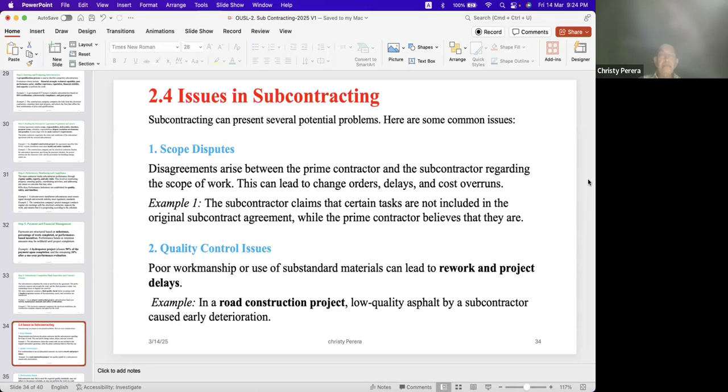Subcontracting can present several potential problems. Here are some common issues. One, scope disputes. It's very easy to understand. If the scope is not clear enough, there can be issues. All these things you are aware of, right?